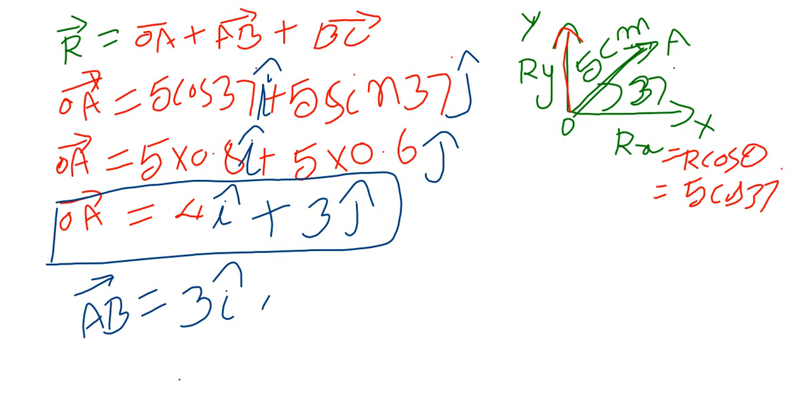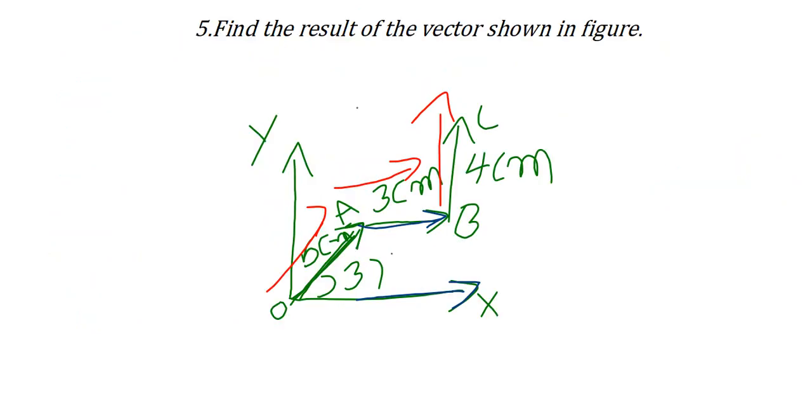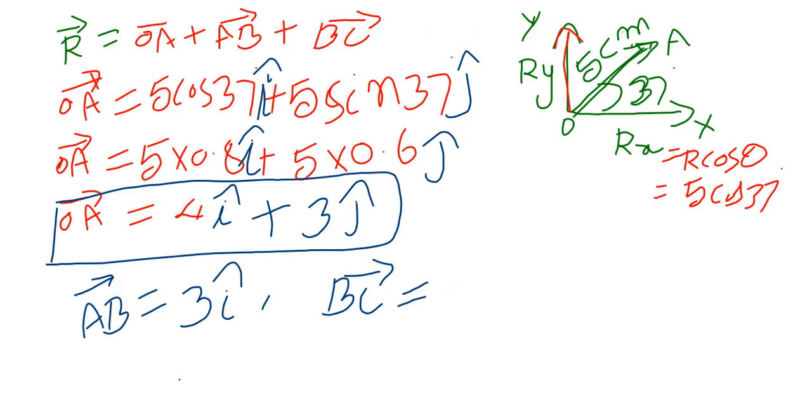BC bar is parallel to the y-axis, so its component is expressed in j cap. BC bar is 4j cap.